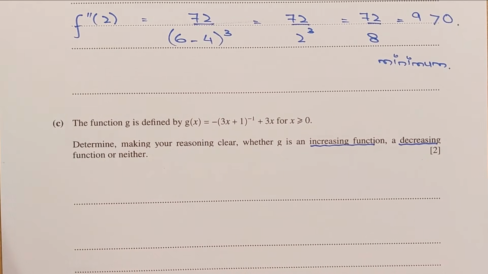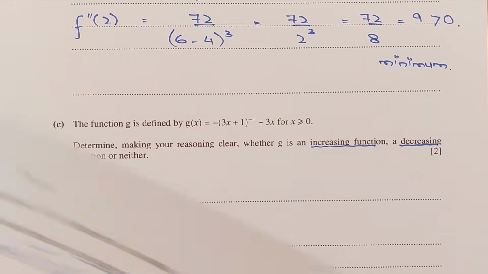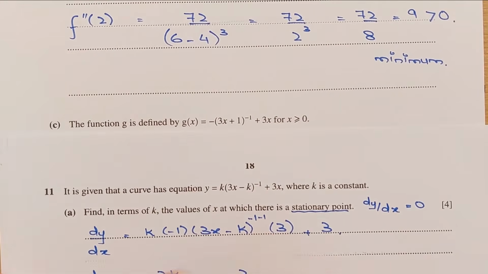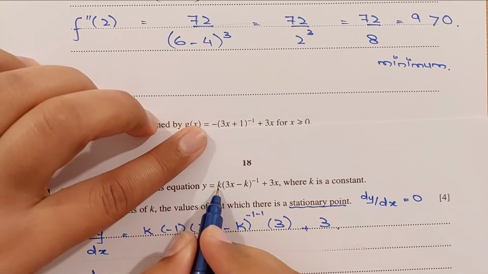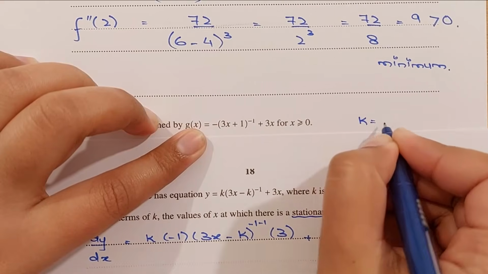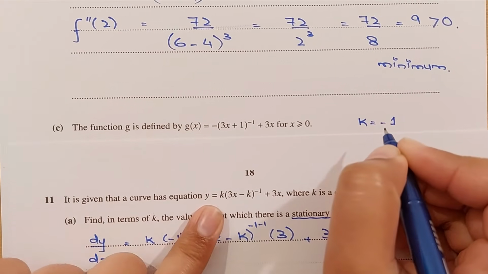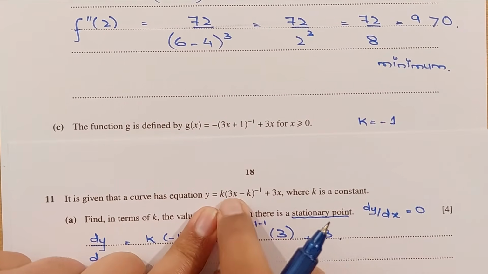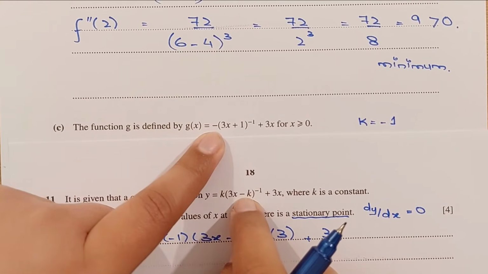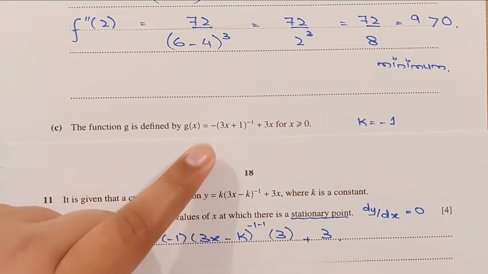Let me compare g of x with the given function from part 1. As you can see, k is minus 1 here. So if k equals negative 1, then 3x minus k is 3x plus 1.